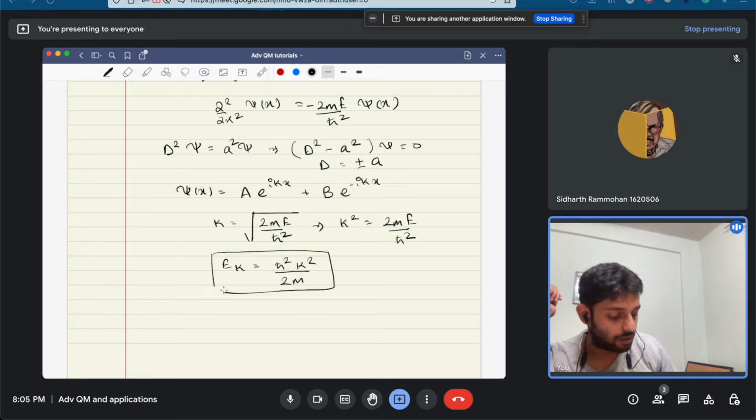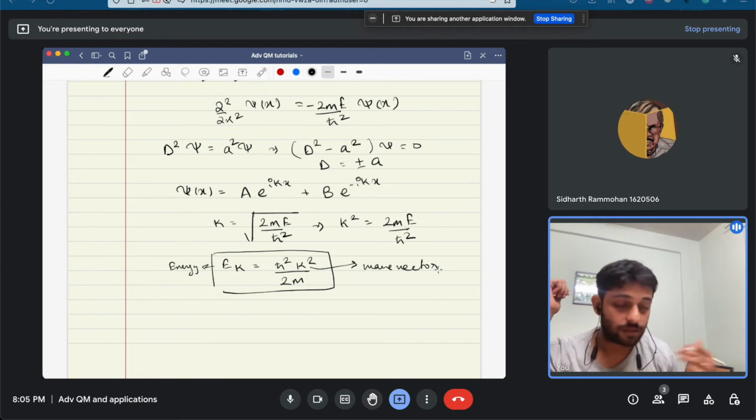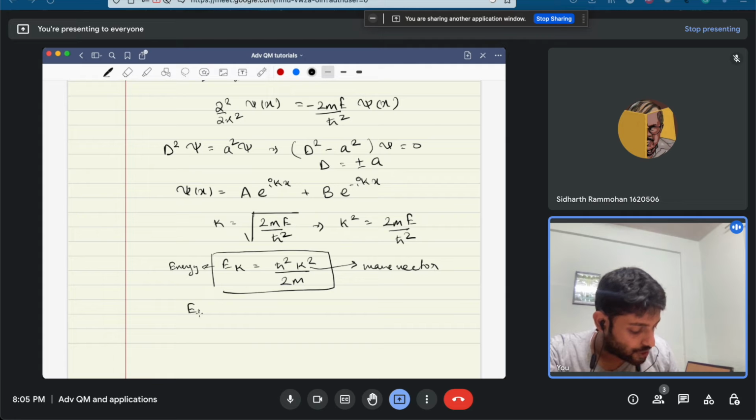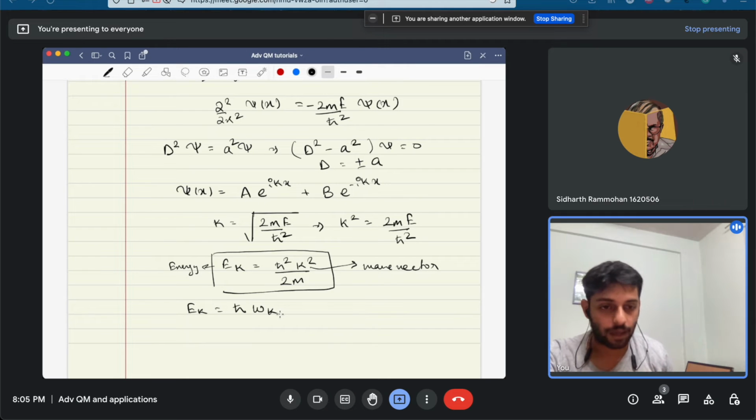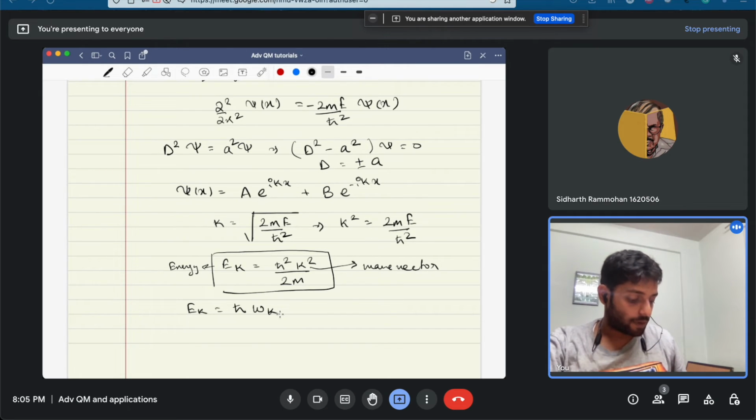You have energy and you have the wave vector. And in terms of omega, you can also write, so we know energy is usually written as h bar omega of k, where omega is the angular frequency.